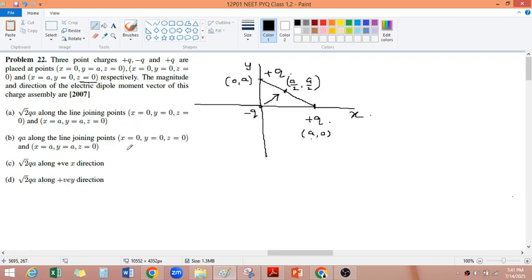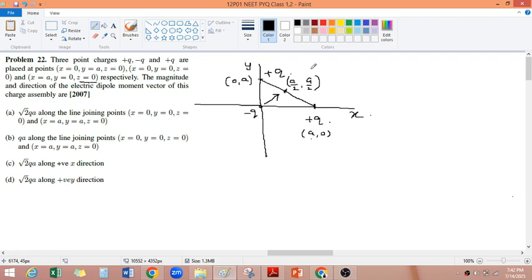So qa along the line joining the points 0, 0 to 0, positive x direction, positive y direction. This does not sound correct to me. Positive x direction, positive y direction. qa along the line joining 0, 0, a, a.